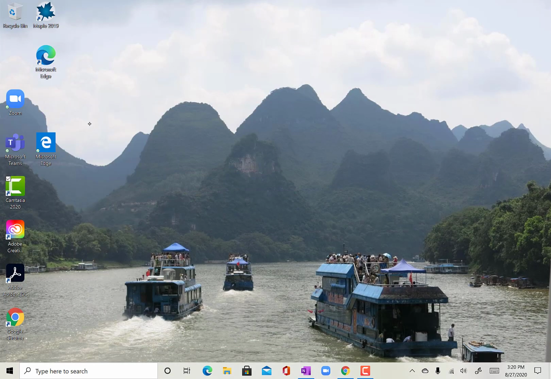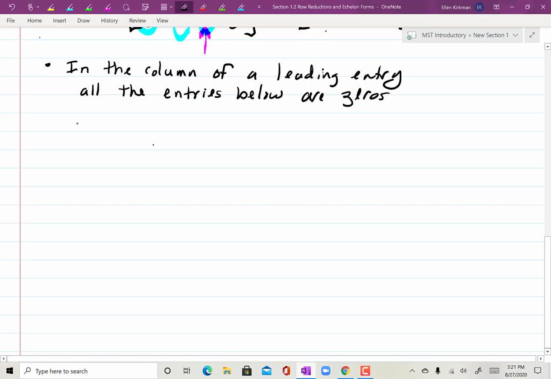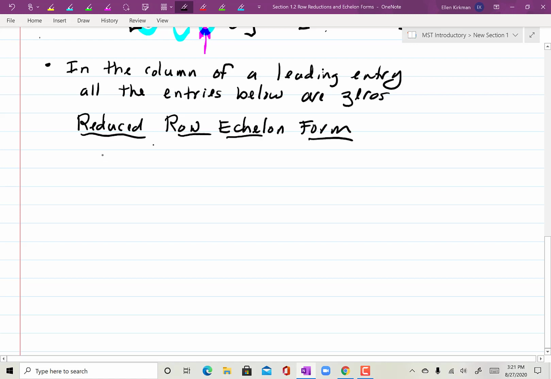So the reduced row echelon form says in addition to all those three things, the first thing we require is that the leading entry is a 1. That just makes it convenient for solving, and that's also what makes it unique.